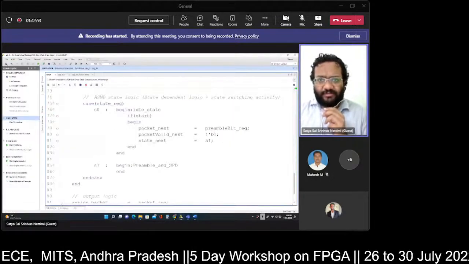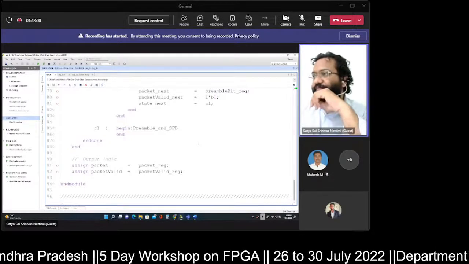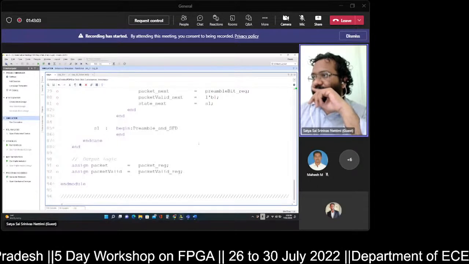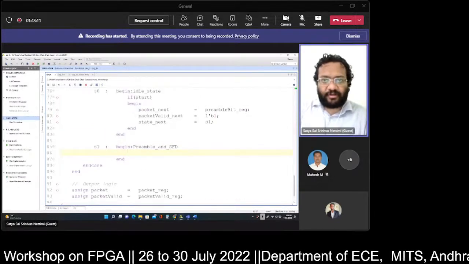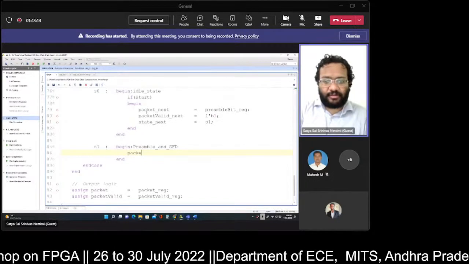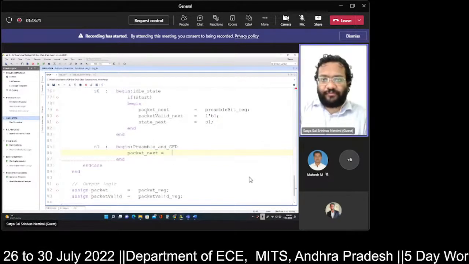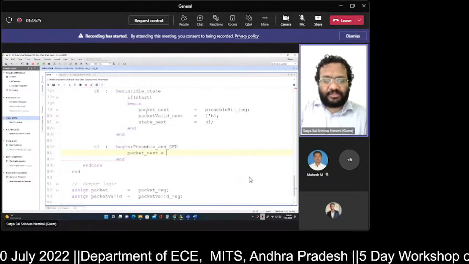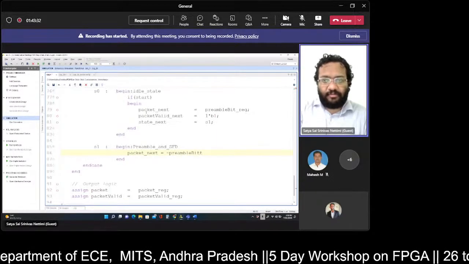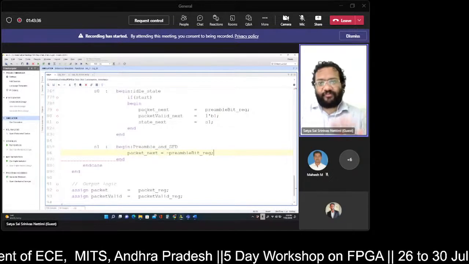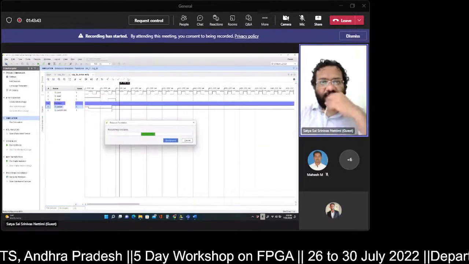In order to get alternating ones and zeros, here itself we will write packet next, the negation of preamble bit underscore. Okay, now we run the simulation once again and check it.